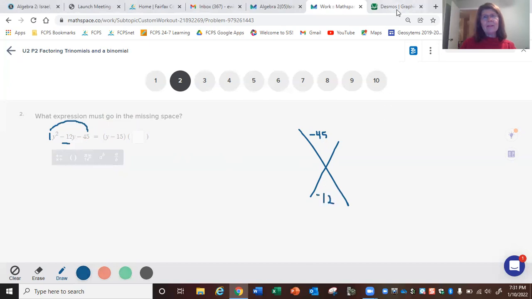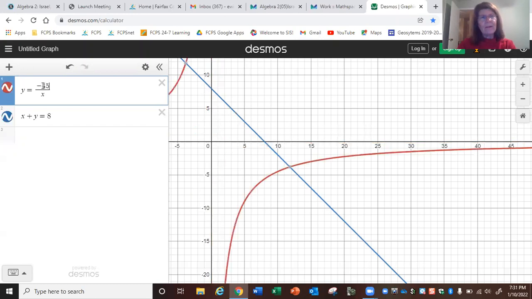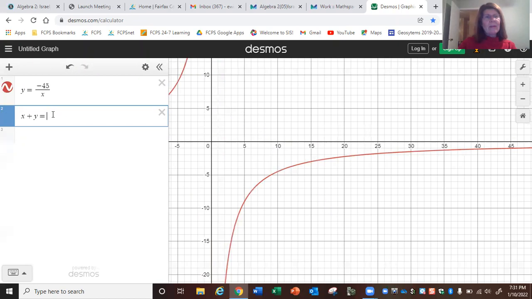Then you're going to go into Desmos and I'll say, okay, I want y equals negative 45. That gives me all the factors that multiply to be negative 45. And then I want them to add up to negative 12.